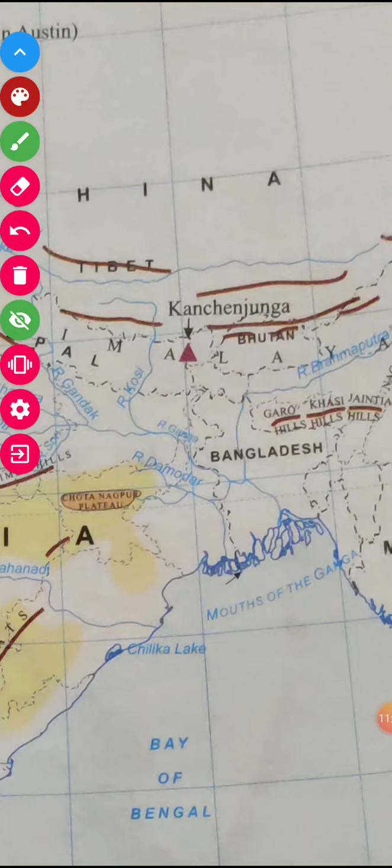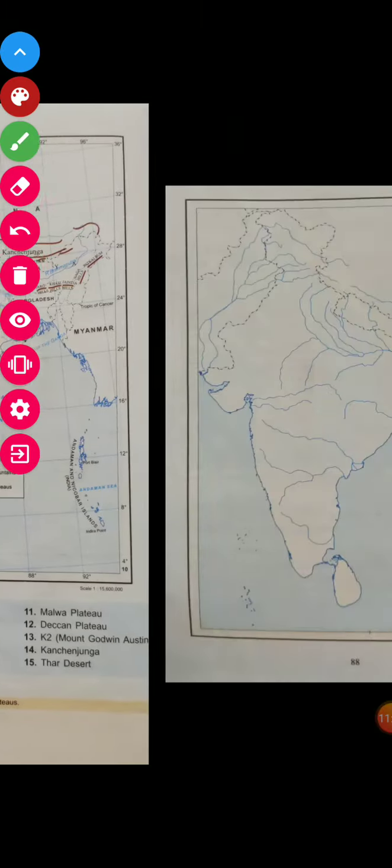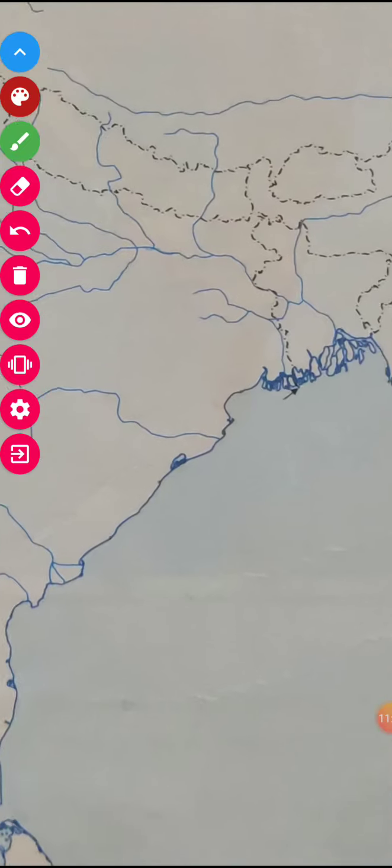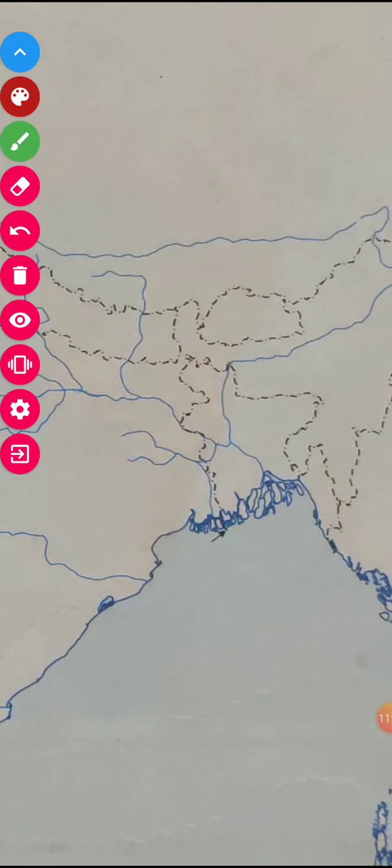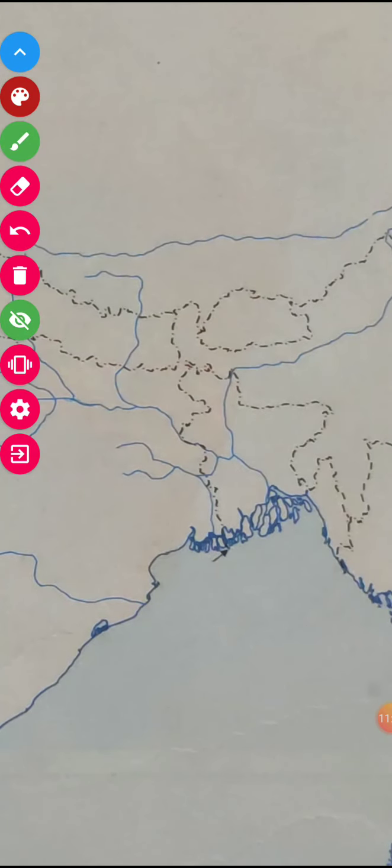So let me take you to the blank map. So here you can see, children, this is Bhutan and this part is Nepal. In between this part is Sikkim, very small and beautiful state of India. And to mark this, I'll try to mark, as I cannot be so sharp with my finger here.